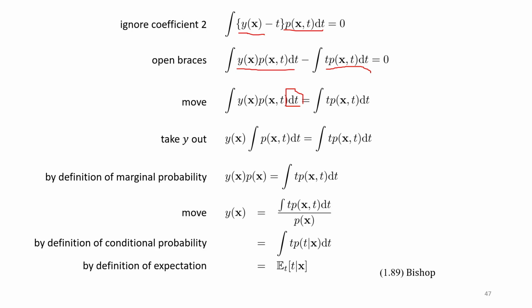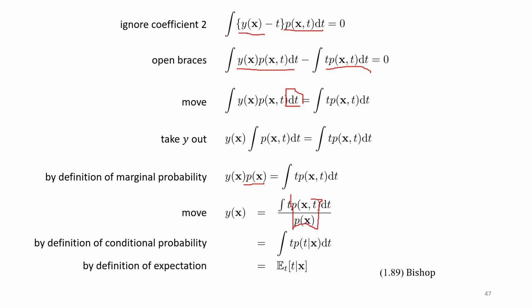It becomes this. By the definition of the marginal probability, this is the integral of the joint probability with respect to t. It is the marginal probability of p(x). So we move this p(x) to the other side of the equation, and it becomes this.